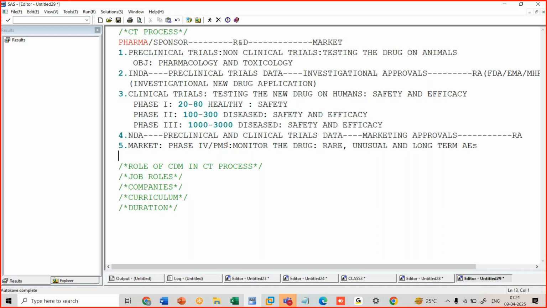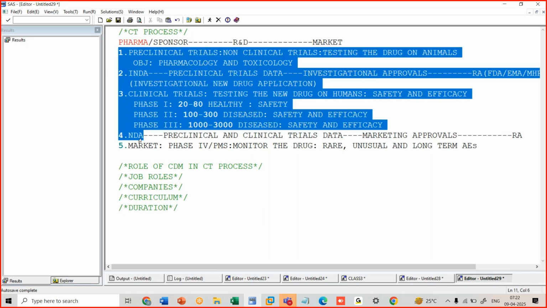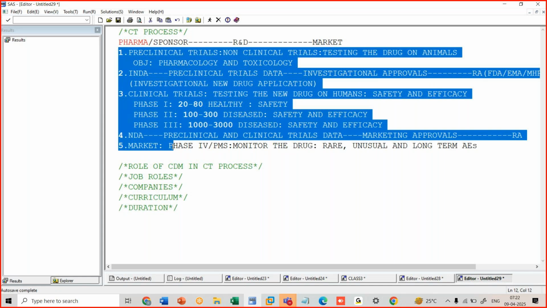Okay, so this is your step 1 to step 5, preclinical trials to marketing phase.